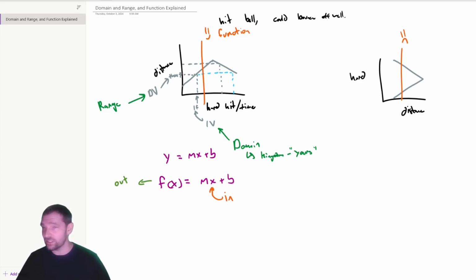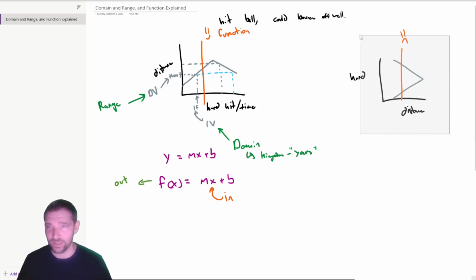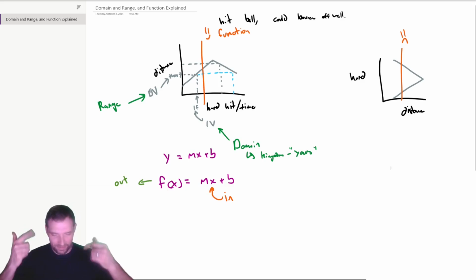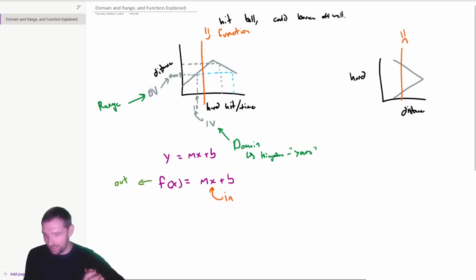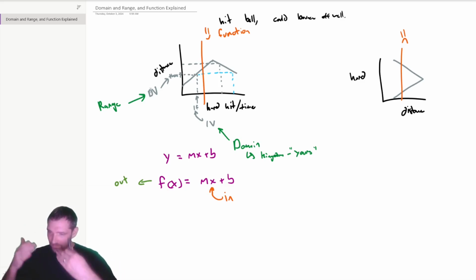It needs to depend solely on that input. If I know that input, I know what the output is. And that is not the case when we draw something that does not pass the vertical line test. So you can see in this example, if you're thinking about the golf range, if I hit it really hard, it's going to bounce back and come back. So I can get the same range value for different domains that I've plugged in.